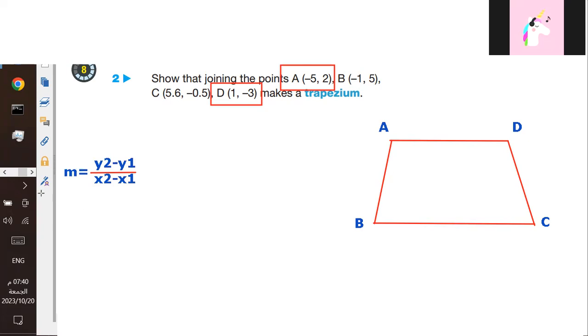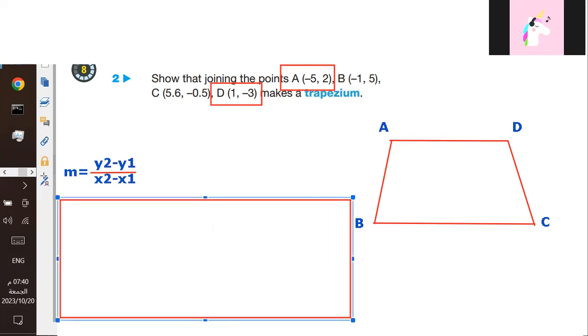So I'm going to use this space here. I'm going to use this for these 2 points. I'm going to split it into 2. I'm going to do AD here.